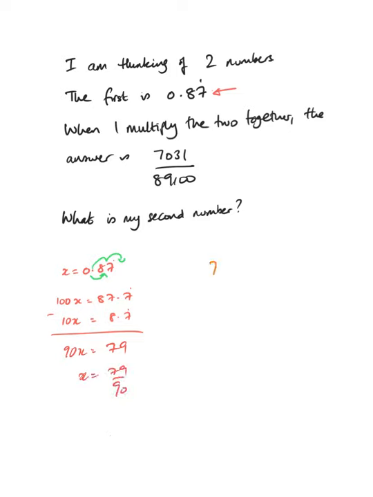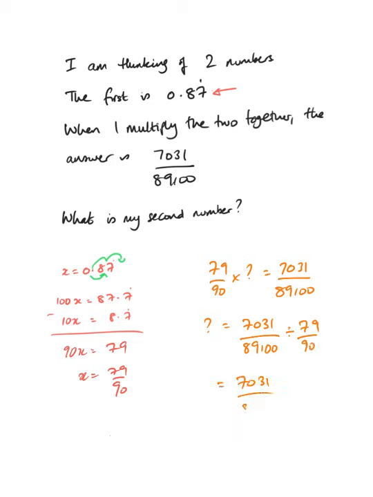So I know that 79 over 90 times my second number is 7,031 over 89,100. So the second number is going to be 7,031 over 89,100 divided by 79 over 90. And because it's a divide, we turn the divide into a times and flip the second one upside down.